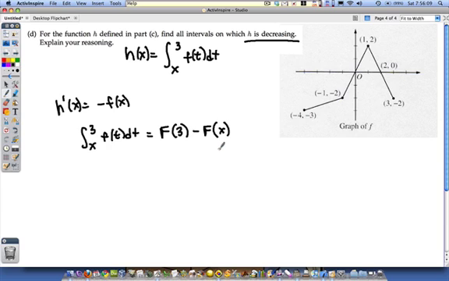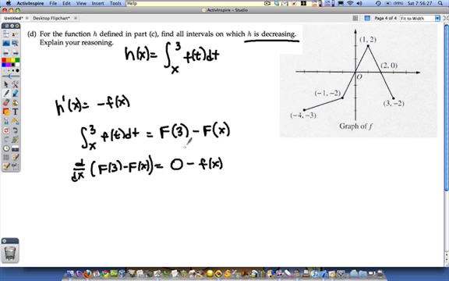Okay? If I want to take the derivative of this integral, I can do that. The derivative of capital F of 3 minus capital F of x is easy. It's 0 minus little f of x.